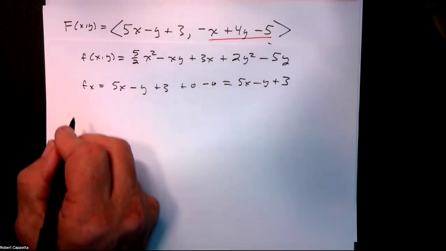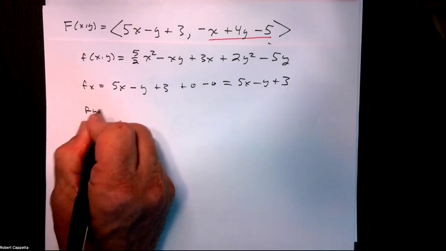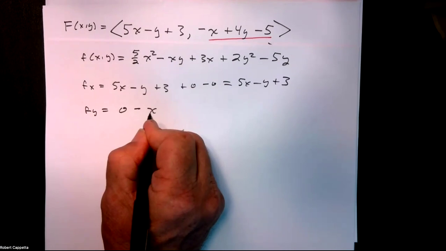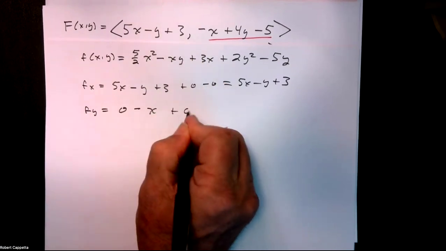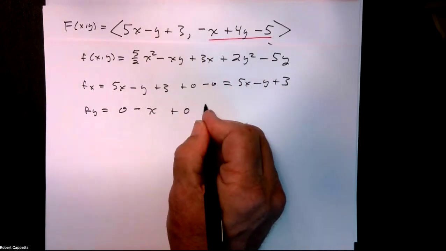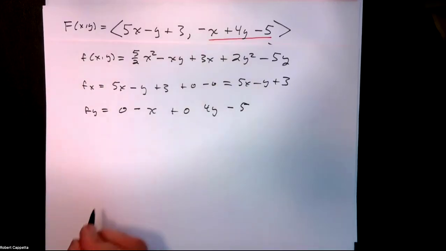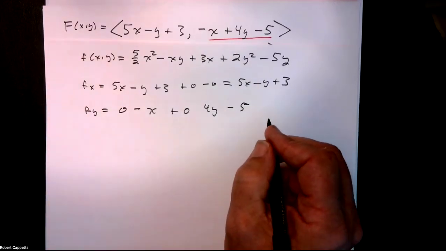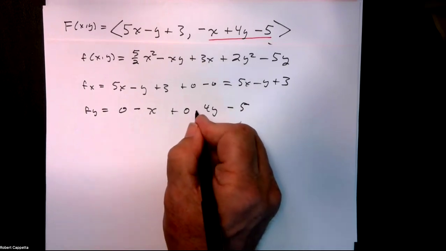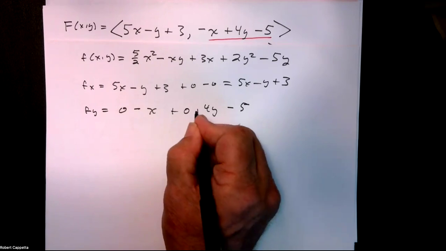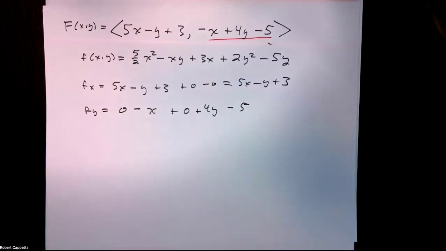How about the partial with respect to y? With respect to y, that's 0. With respect to y, that's x. With respect to y, that's 0. With respect to y, that's 4y. With respect to y, that's negative 5, which of course is negative x plus 4y minus 5.